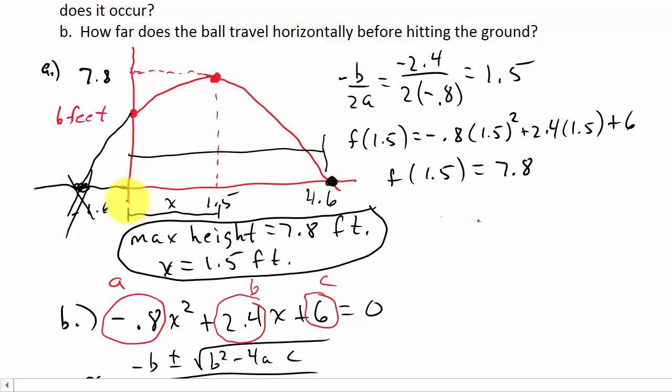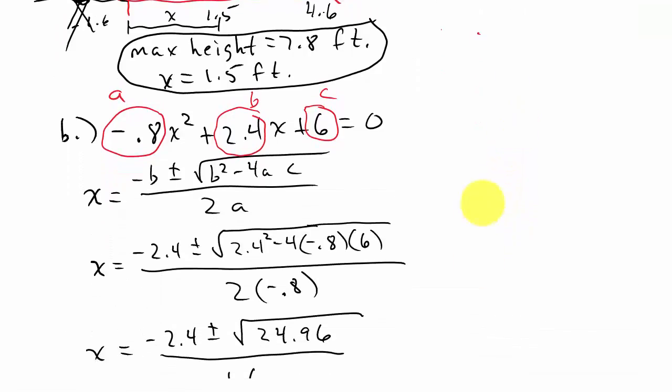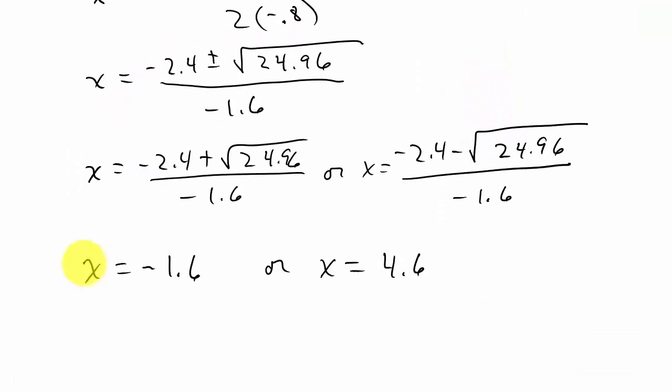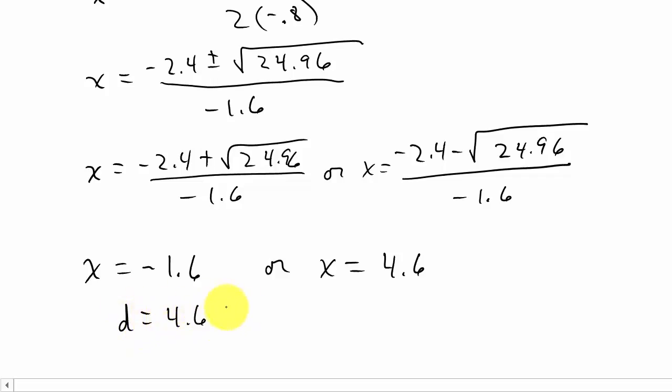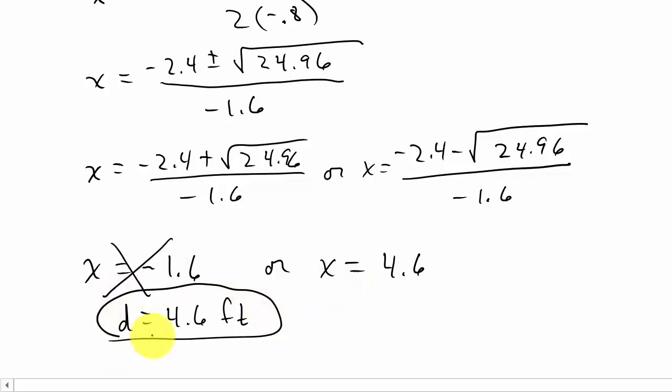So that's the distance from here to here, and we'll call it D for distance. So D is equal to 4.6 feet, because this one won't work. This is our answer.